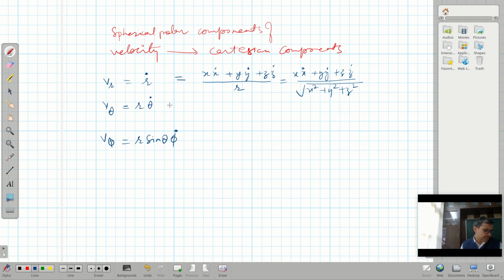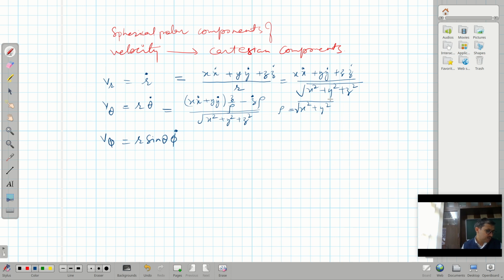And the other component, r theta dot, can be written as (x x dot plus y y dot) z upon rho, minus z dot rho, and the whole divided by the square root of x square plus y square plus z square. Here rho is the square root of x square plus y square.